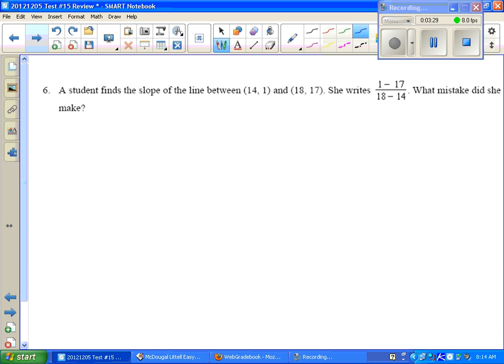Number 6 says a student, this was the one that was a little bit jammed up on your paper, I think right here. It's kind of tight. Just make sure y'all make the little correction, the little change. Says student finds the slope of the line between 1,4.1 and 18,17. She writes 1 minus 17 over 18 minus 14. If we go ahead and label our points x sub 1, y sub 1, and x sub 2, y sub 2, we can plug it into our slope formula. Remember, it's y sub 2, so that's this value here, 17, minus y sub 1, which is 1, over x sub 2, which is 18, minus x sub 1, which is 14.